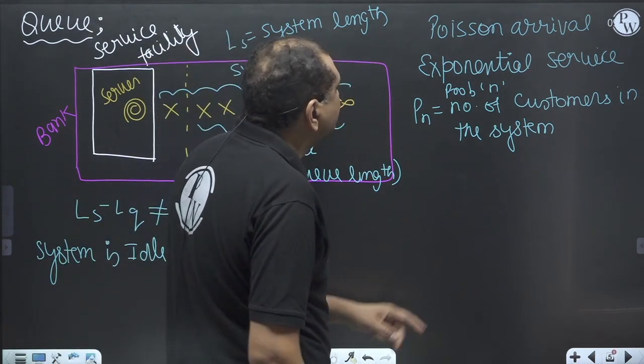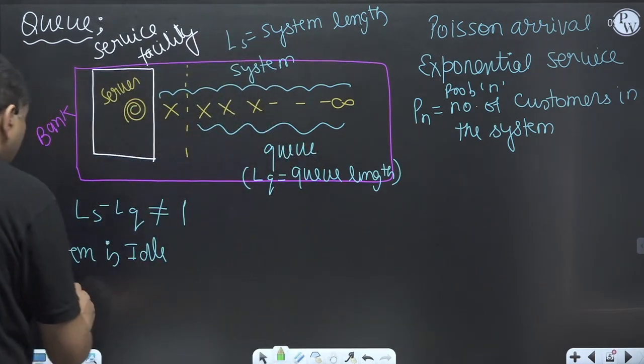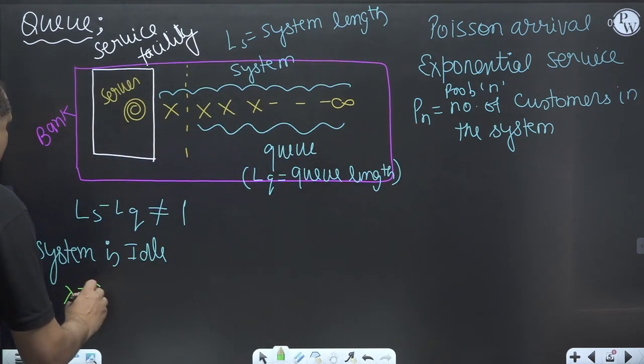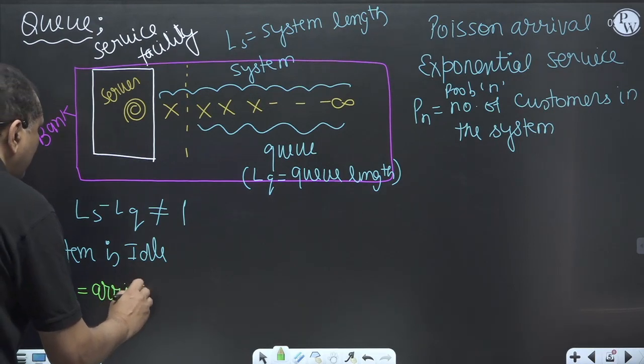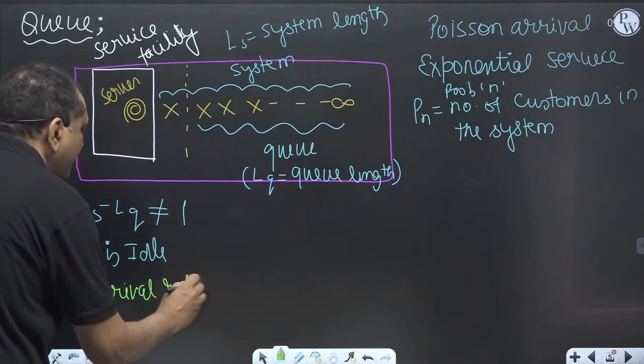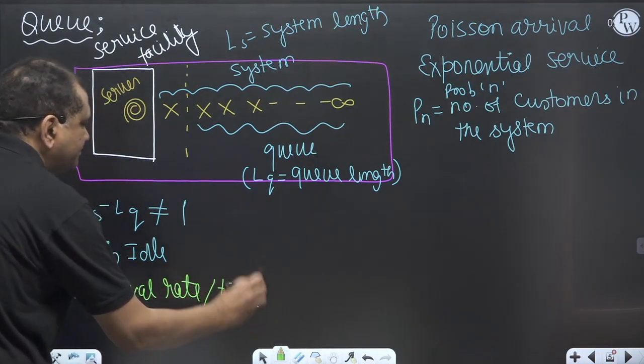Let us say lambda is the arrival rate per unit time.